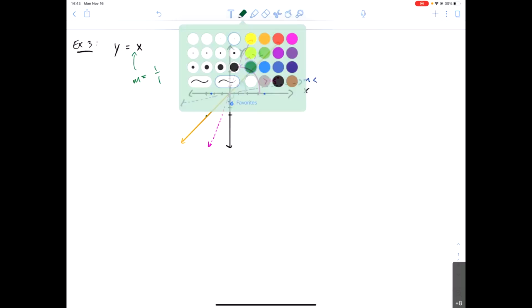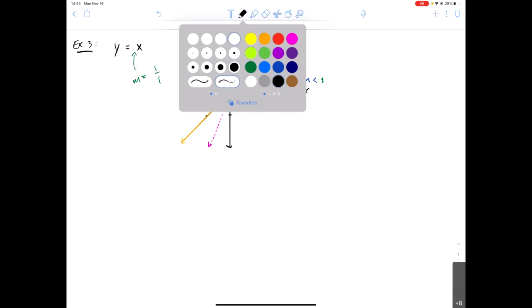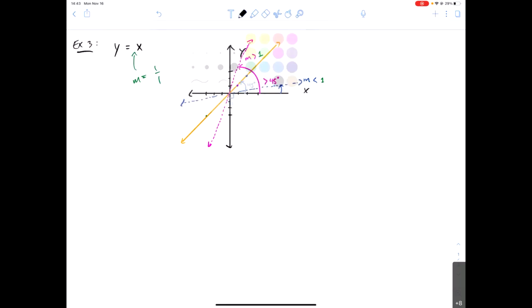Well, why? Because visually, the blue dotted line is underneath the orange line. Which also means that geometrically, this angle is less than 45 degrees. Let me draw this black arrow a little bit smaller so that I can fit less than 45 degrees.